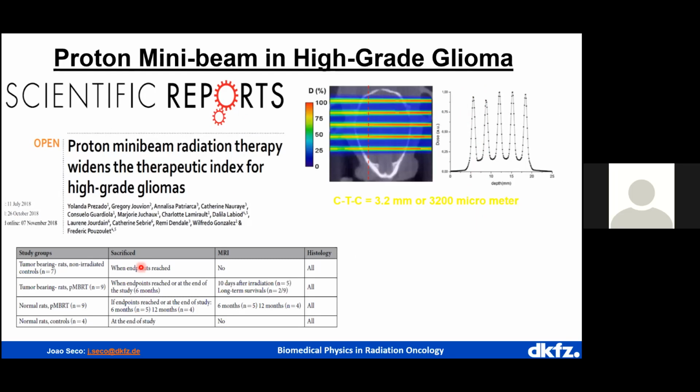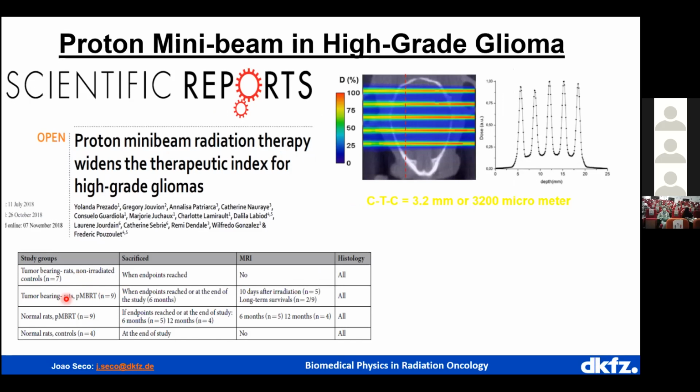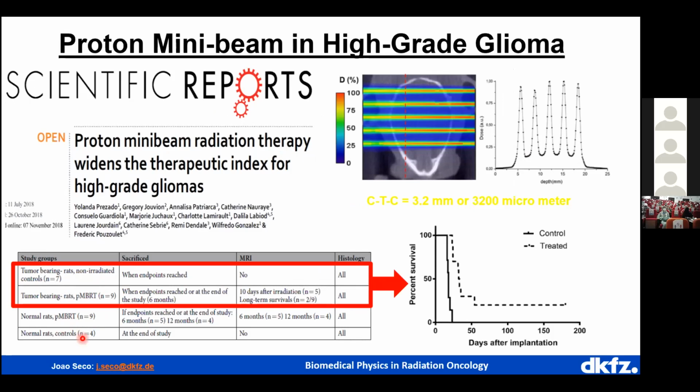They had a variety of rats that they irradiated: the control, the ones bearing the tumor, the normal rats, and of course the normal rats with control. When they compare the treated versus the untreated, the untreated is the control here. They die of the cancer, so this is a very rough cancer. While if they treat it, eventually some of them survive.